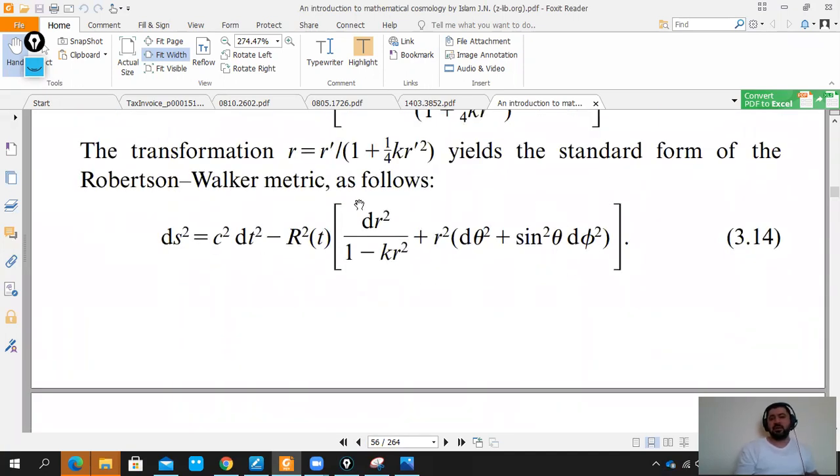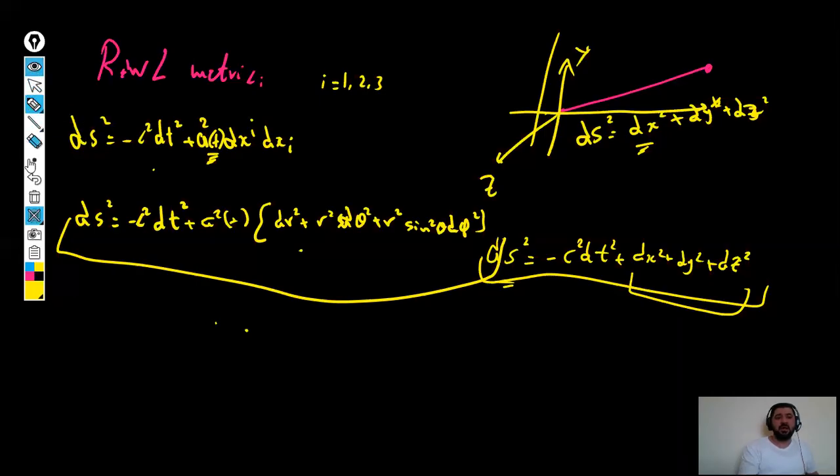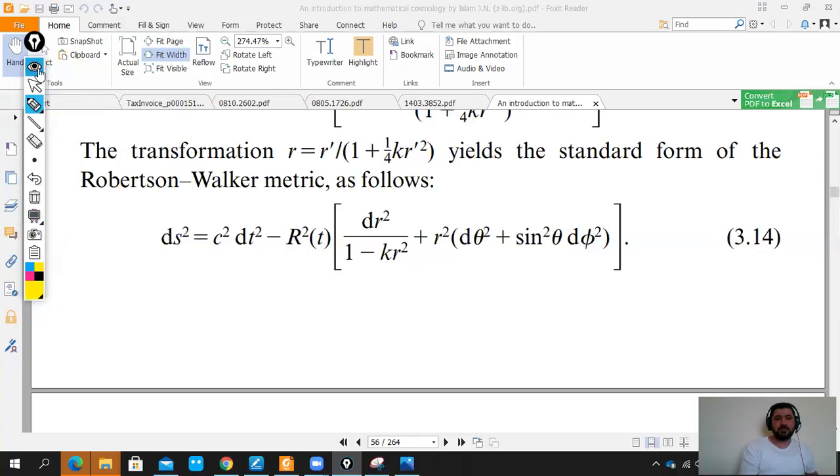Now let's look here, we have this K. K stands for representing the curvature case. If we take K equals 0, then this term will be cancelled, and we can see that this is the spherical coordinates.